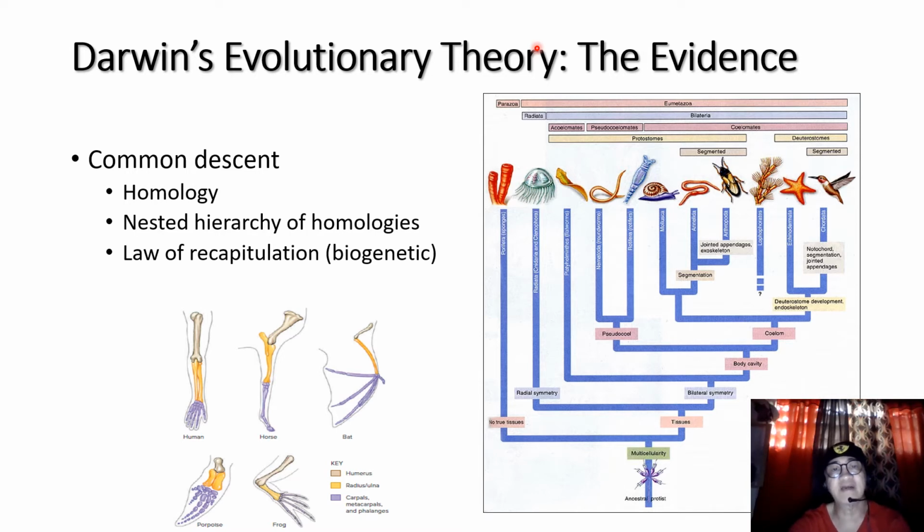Since the nested hierarchical structure of homologies is so pervasive in most living groups, it forms the basis of systematic classification, in which we are able to group different organisms into genera, and the genera can be grouped into families, and the families can be grouped into orders, etc., because of this nested hierarchical structure of homologies, which is shared by organisms of the same groups.